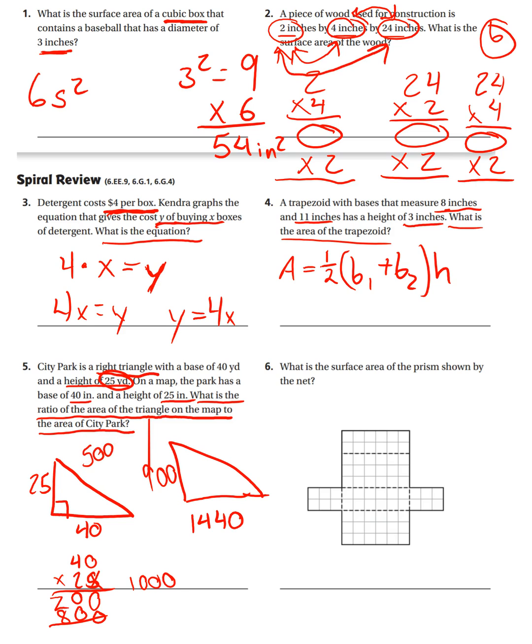So the area of the model is 500 inches. The area of the actual, there's probably an easier way to do this. This is just the way I thought to do it out of the gate, but there's almost always an easier way.